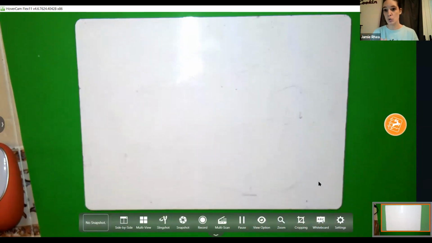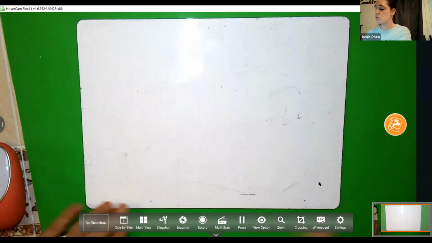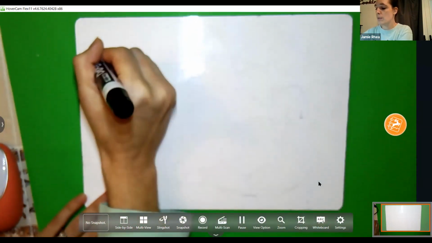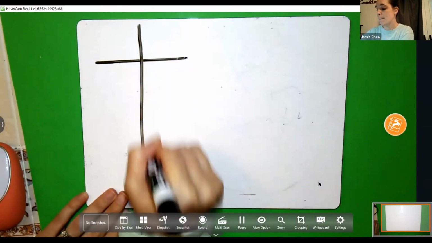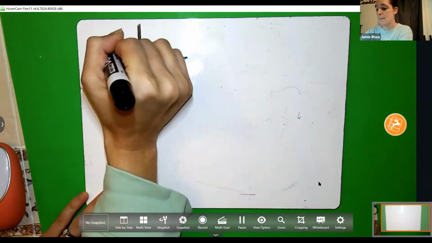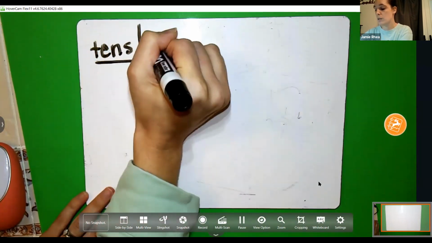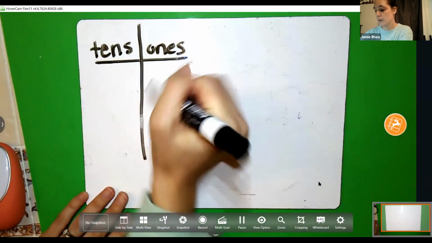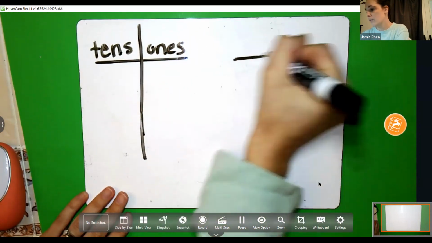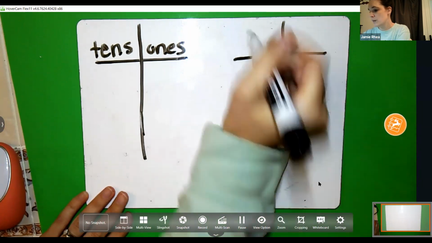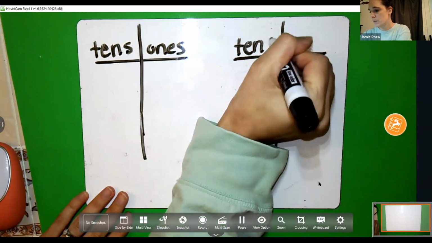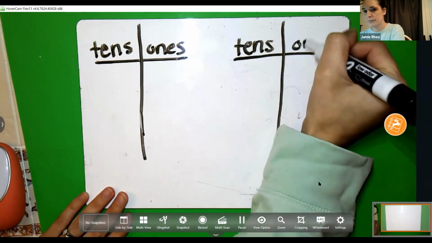We're going to make two because we had two different numbers. You make the T, tens on one side, ones on the other. We're going to make another one, tens on one side, ones on the other.